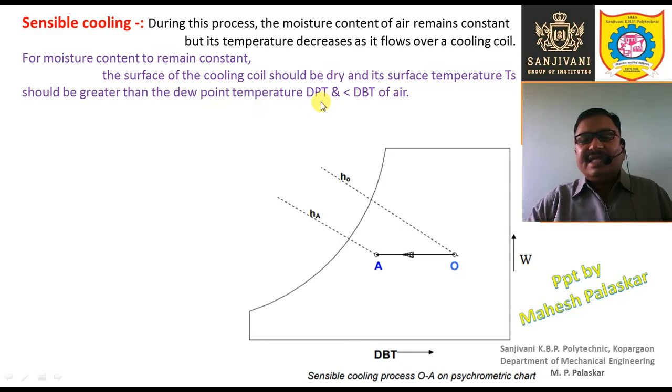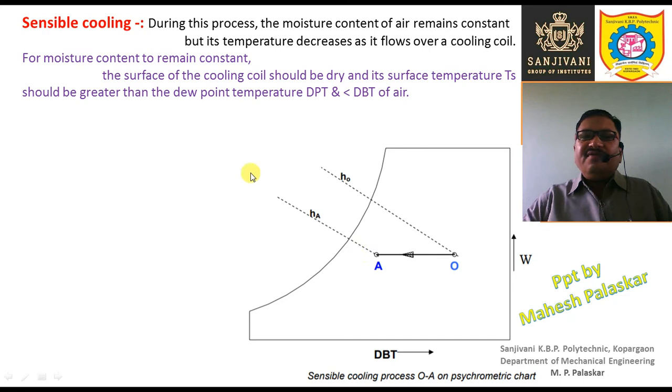Because if the air is cooled below the dew point temperature, then dehumidification will take place. Condensation and separation of the moisture will take place, and that will reduce the humidity, right.